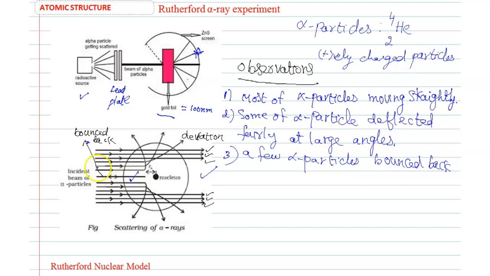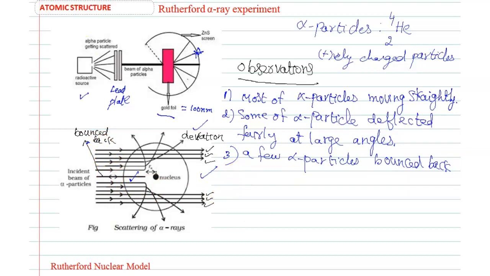In that, the alpha particles go back exactly along the same line, that means 180 degrees. So here we observed 3 points. Most of the alpha particles pass straight. Some of the alpha particles move with deviation, that means deflected. Very few alpha particles, a very small number, bounced back with 180 degrees.